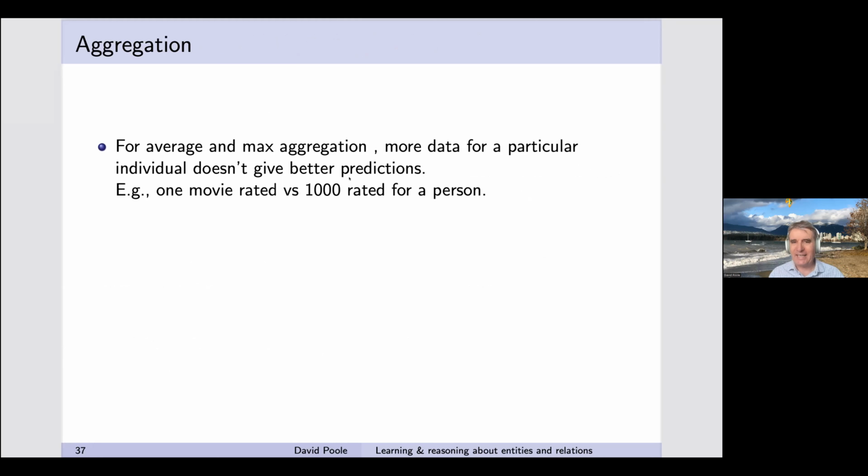For average and max aggregation, more data doesn't give better predictions, right? You'd expect if I've rated 1,000 movies, you could make a better prediction than if I only rated one movie. However, for average and max, essentially the average value or the max value is all that matters. So more data doesn't help, which seems strange to me.